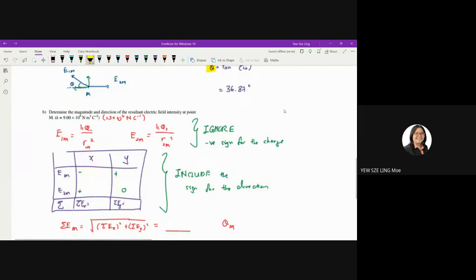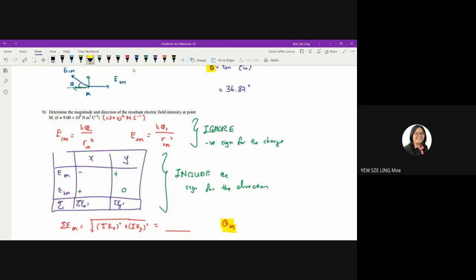So for the position M, you need to add a subscript to differentiate between the theta in the original question in your diagram and the theta in the resultant value.